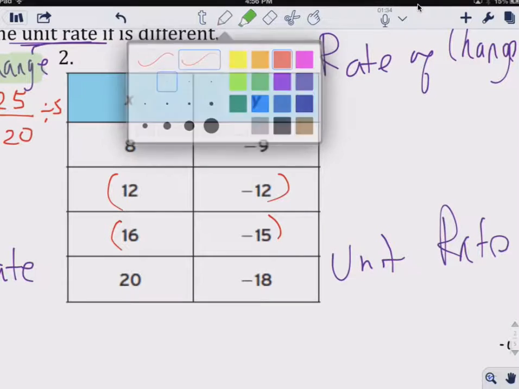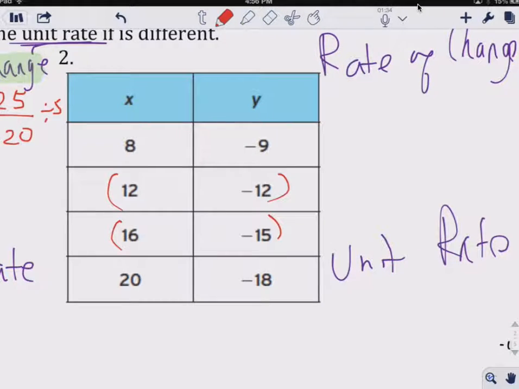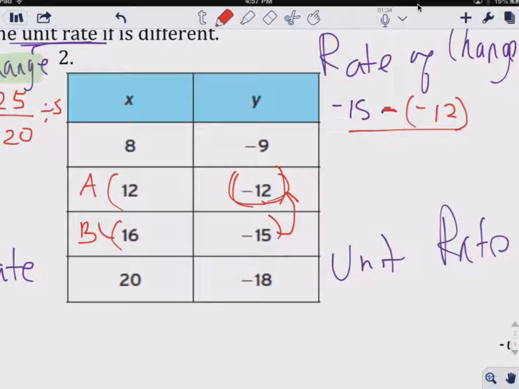Okay, rate of change. Let's say this is A and this is B. I can do B to A. B to A is negative 15 minus, now remember, put this to a negative 12, all over B to A. So 16 minus, looks awful, 16 minus 12.